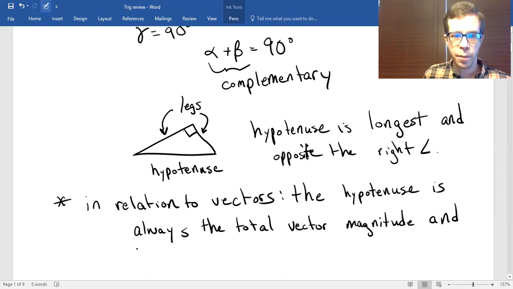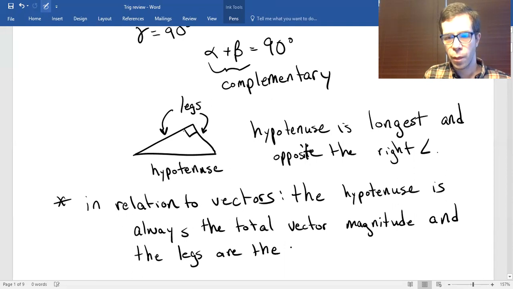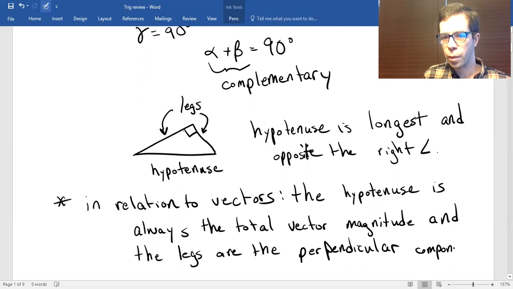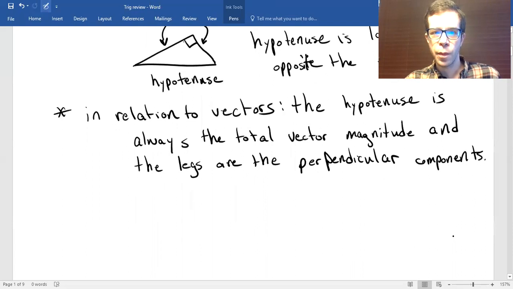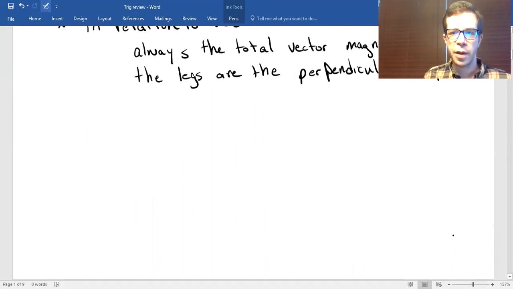And the legs are the components. In particular, perpendicular components, because we choose our coordinate systems that way. All right, so there's a little bit of language.